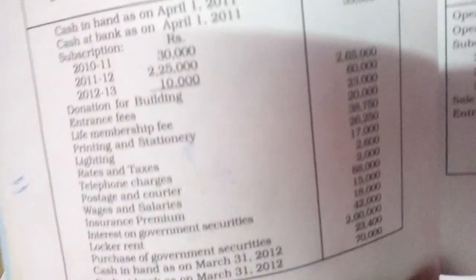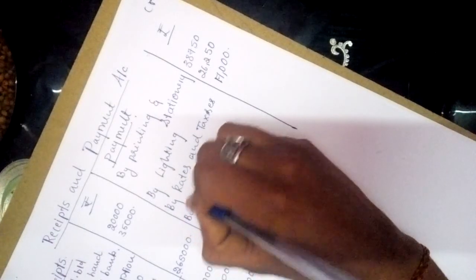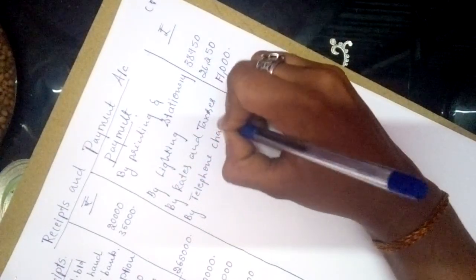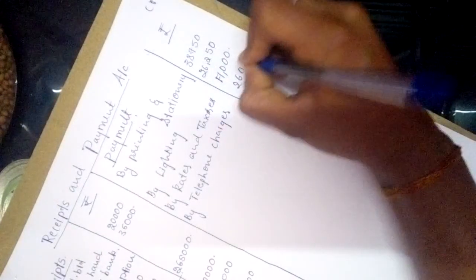Then the next amount is telephone charges, payment recorded under credit side by telephone charges amounting to rupees 2600.